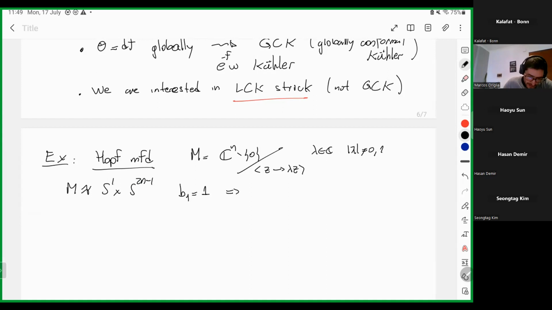So it means that M doesn't admit any Kähler metric, so it will be an example of a really strict LCK. Why is that? Because a compact Kähler manifold has the property that the odd Betti numbers have to be even. So in this situation, it's impossible to have a Kähler metric.